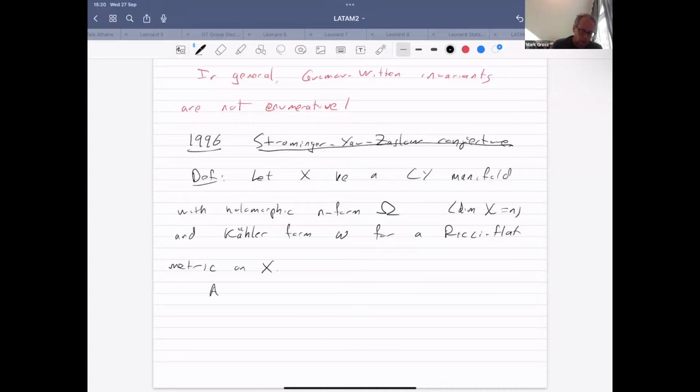A submanifold L contained in X is special Lagrangian if, first of all, the real dimension of L is n, so it's half the complex dimension.